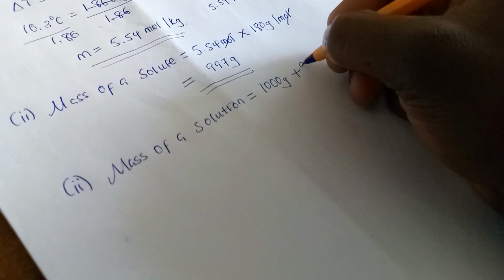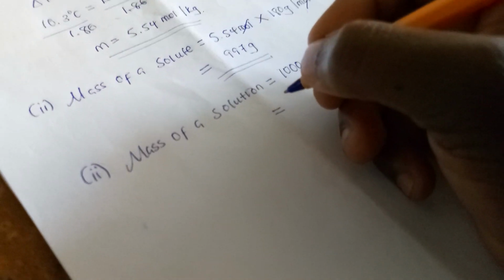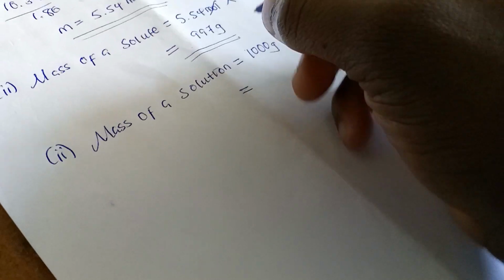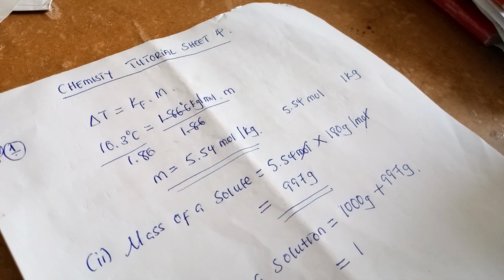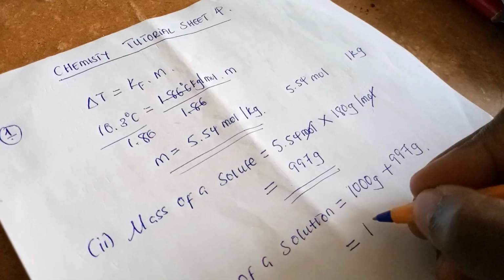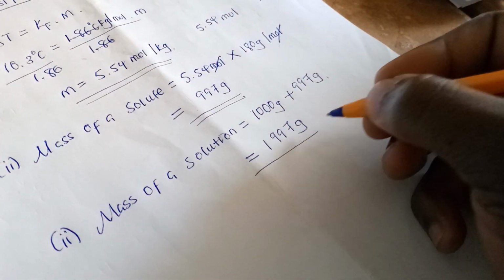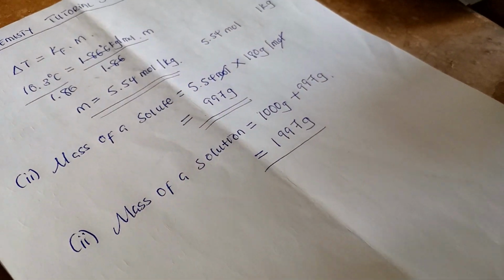Mass of solution will be equal to 1000 grams plus 997 grams, which will give us 1997 grams. So guys, we finally found the mass of the solution.